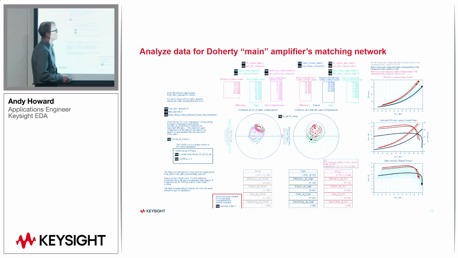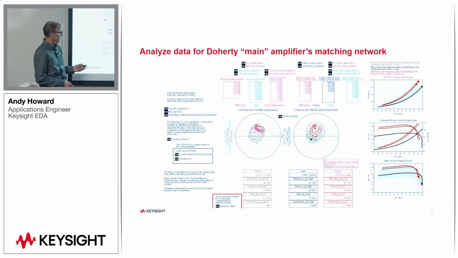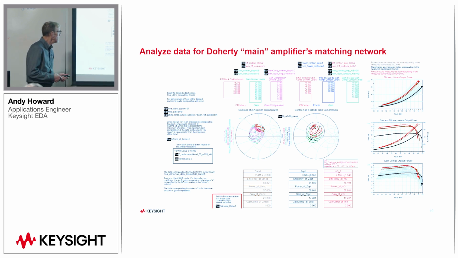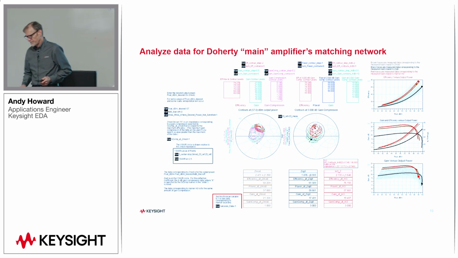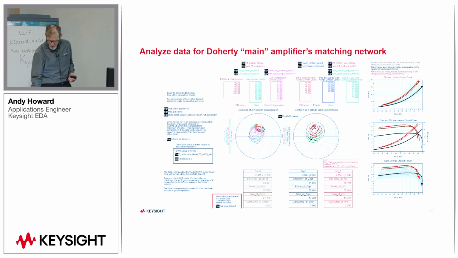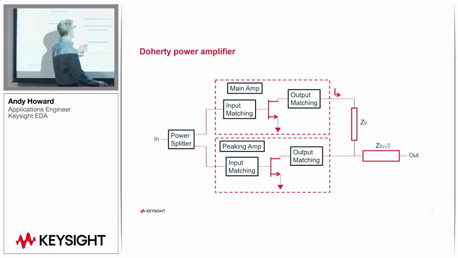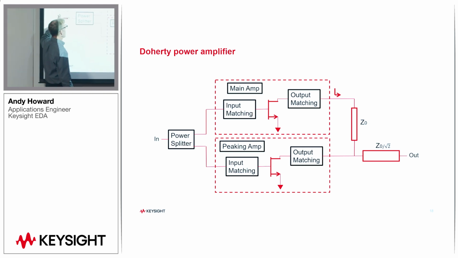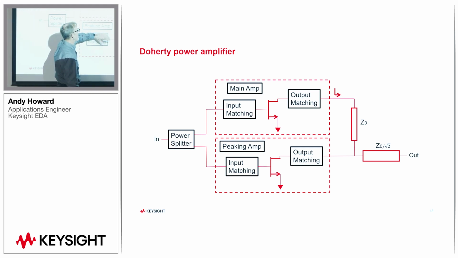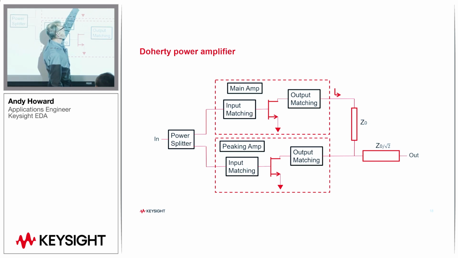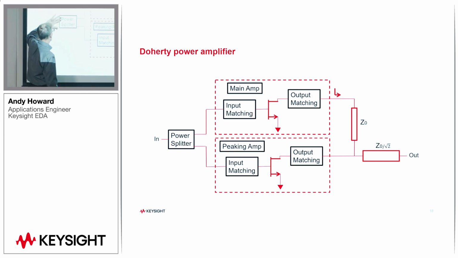So based on these results, these are the target impedances that you would be using when optimizing an impedance matching network. Basically, when the input signal is low, the peaking amplifier is off, and you want this impedance to be Z-mod.